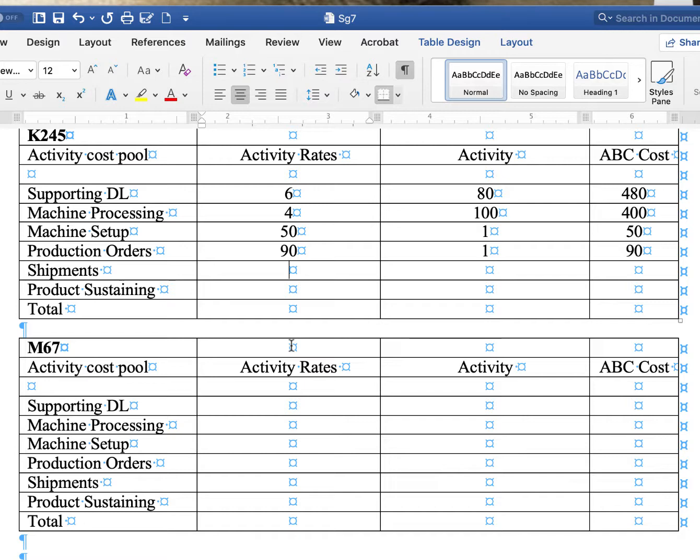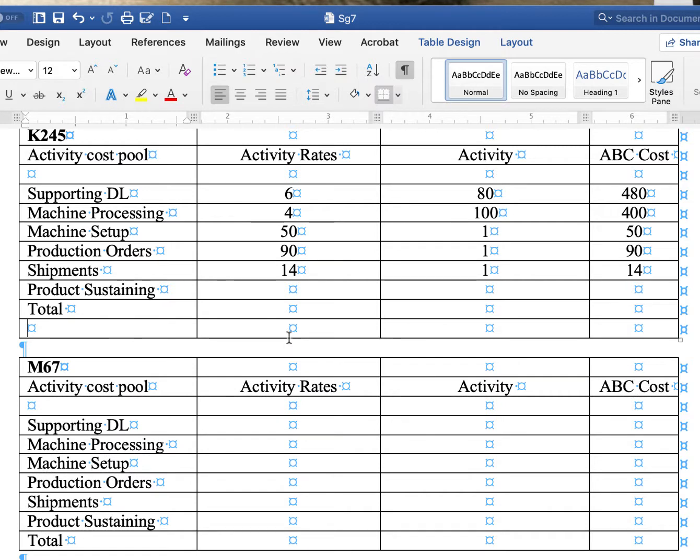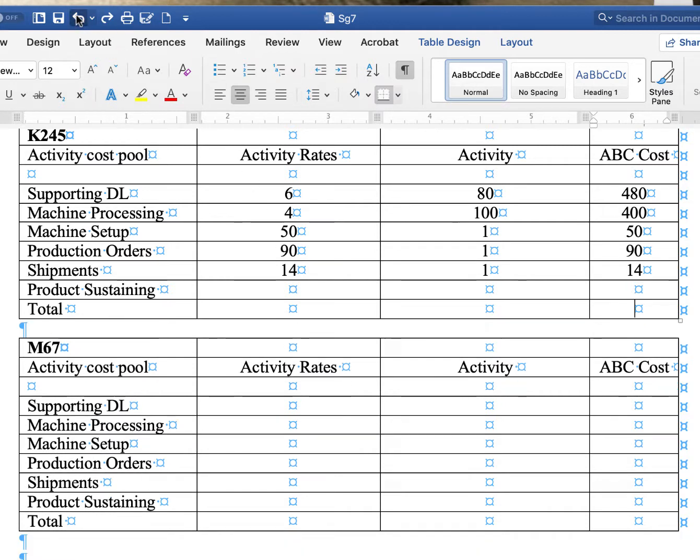Shipments. The activity rate for shipping is $14 per shipment. We only ship 1 of product K425. So I'm going to multiply that by 1. That gives me obviously $14. And then I do the same thing with product sustaining.